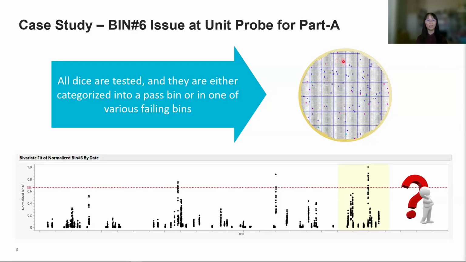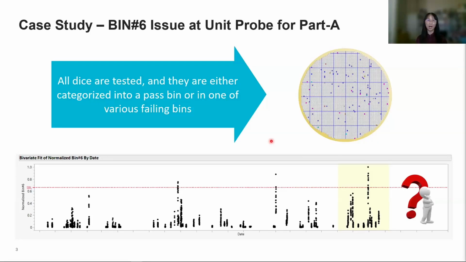The white one is the good passing bin here, and you can see some different colors here for the fail bins. So besides tracking the yield for my part A, we also track the bin performance.